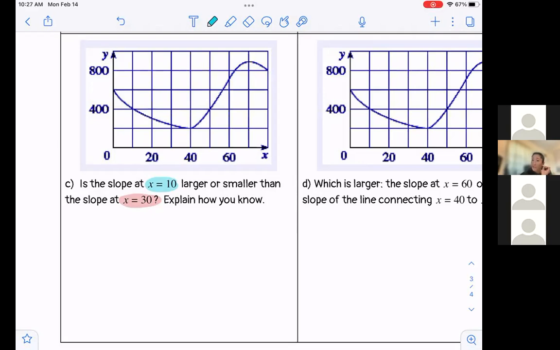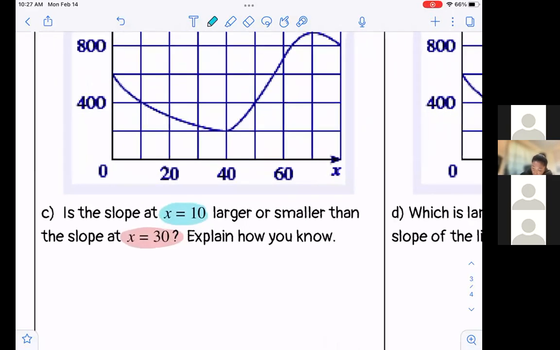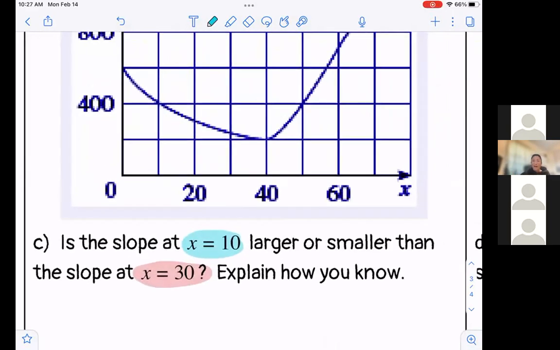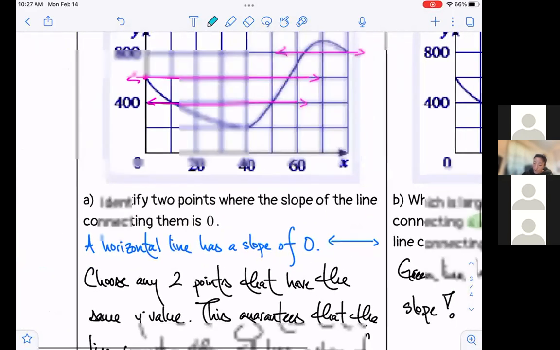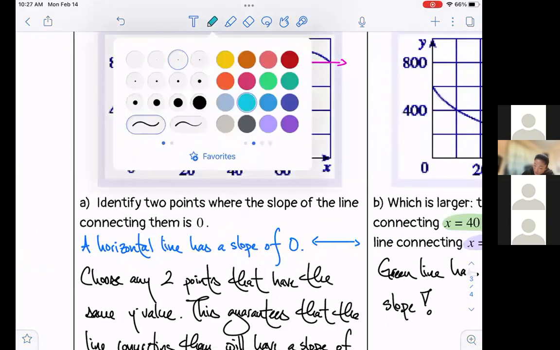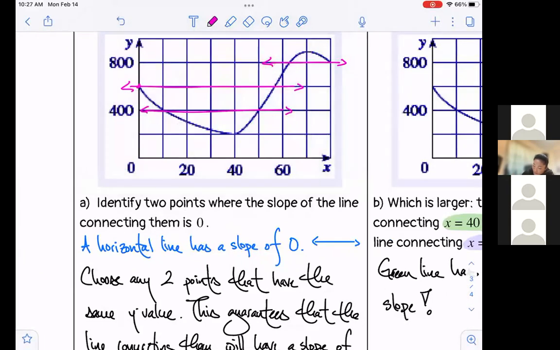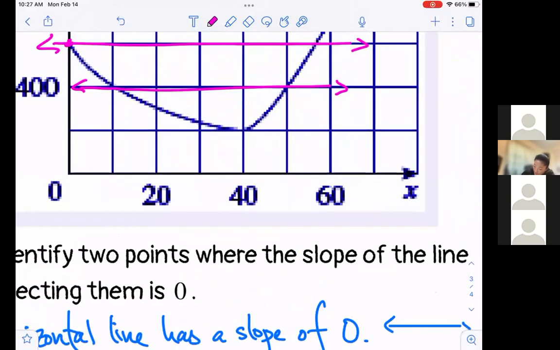It turns out that we're going to be able to zoom in really, really close. And you know how in the previous question, I drew a few sample lines, and one of them, I was joking with Dallas, he picked like 39 and 41. I was like, oh, you're going to make me zoom in really close there and find those 2 points. But that did in fact give us a horizontal line.